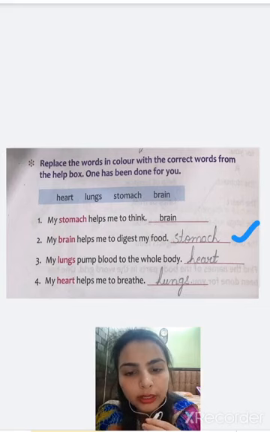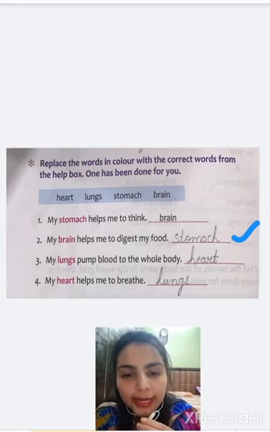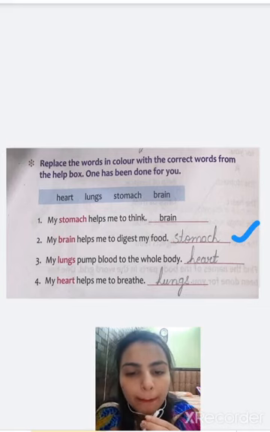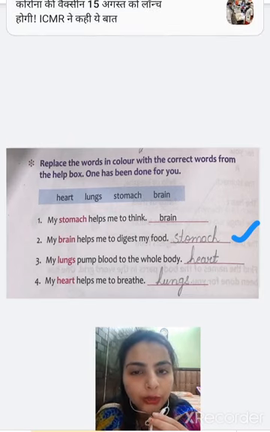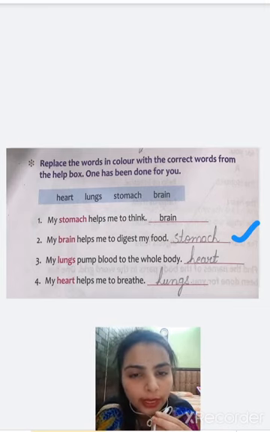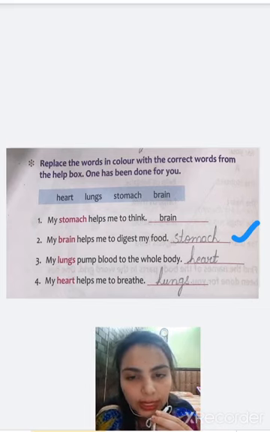It is also written in the hint box. Write all this in very good handwriting, and do your work neatly and correctly.